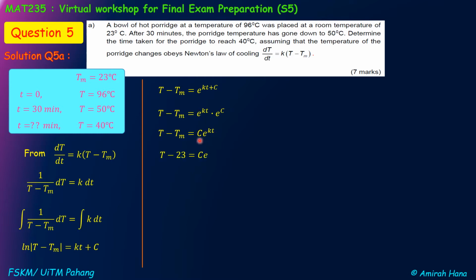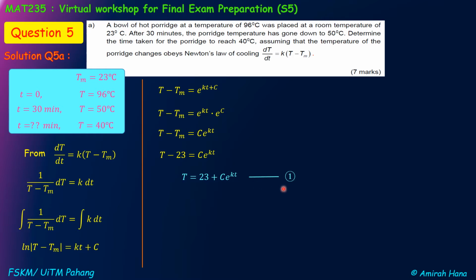Replacing the room temperature with 23 degrees Celsius, we have T minus 23 equals C e to the power of kt, so T equals 23 plus C e to the power of kt.